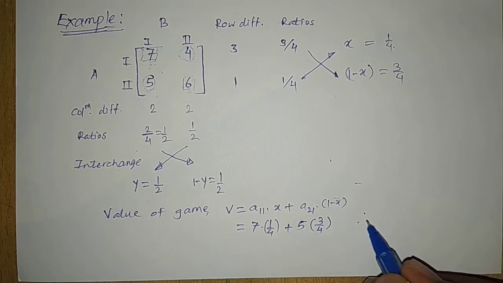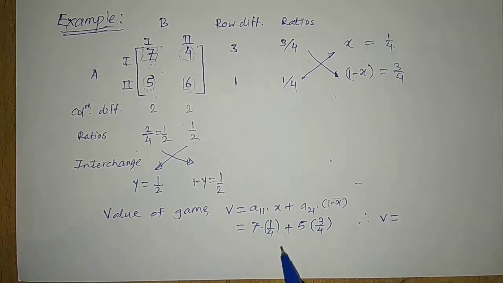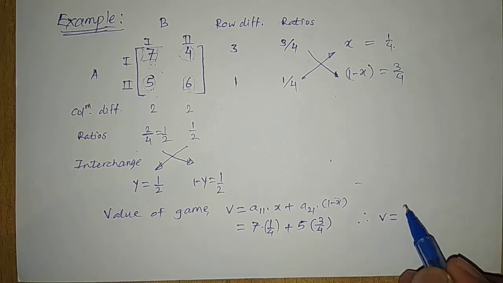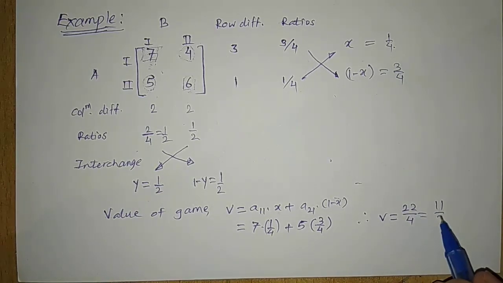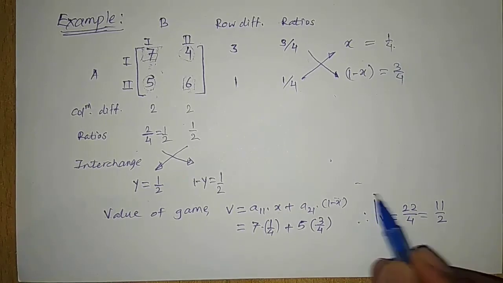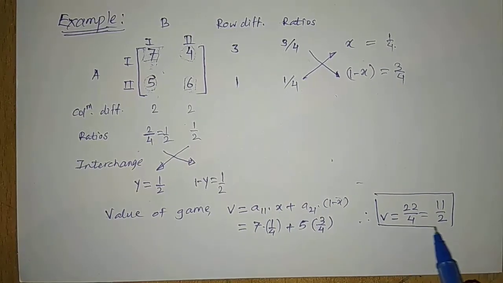So it gives us the value of game as 7 by 4 plus 5 into 3 by 4. Therefore V equals 7 plus 15, that is 22 by 4, which is nothing but 11 by 2. So this is the value of the game for the given matrix.